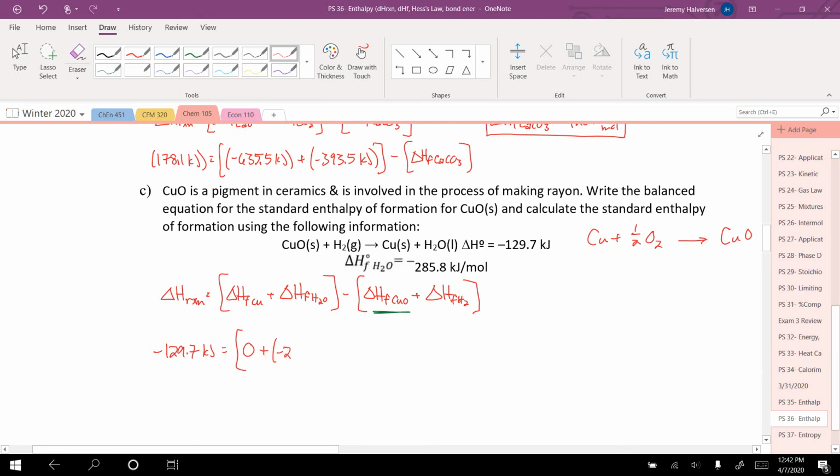H2O is negative 285.8 kilojoules. Minus, this is what we're looking for, plus 0.